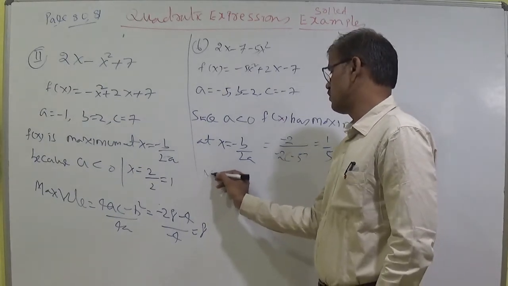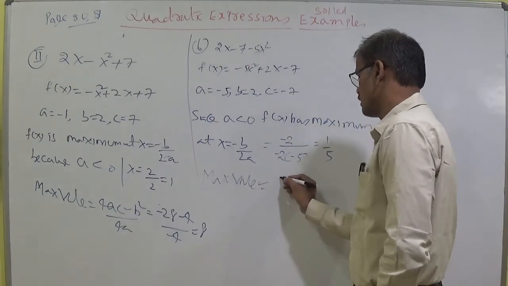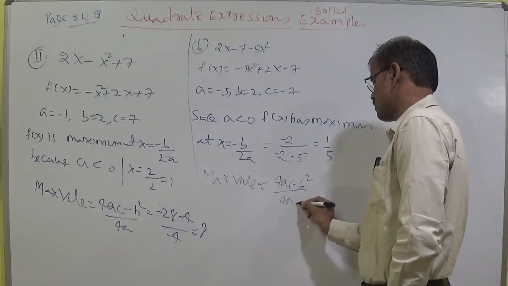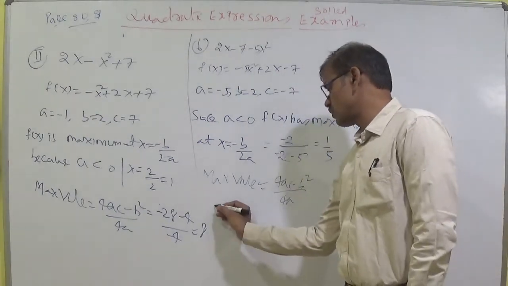Now you can write the maximum value of the given expression by the formula (4ac minus b square) by 4a. You can substitute here also, otherwise write the formula also, no problem.